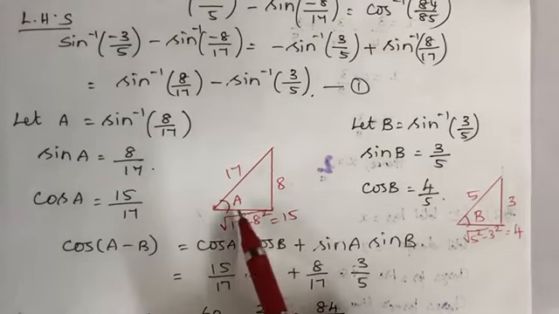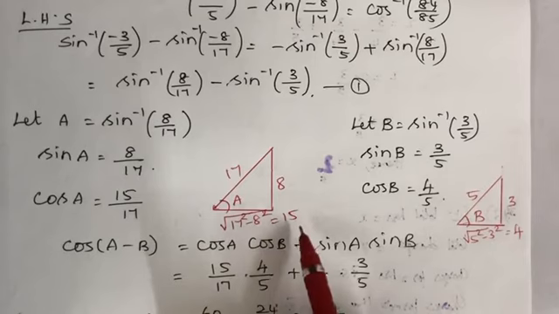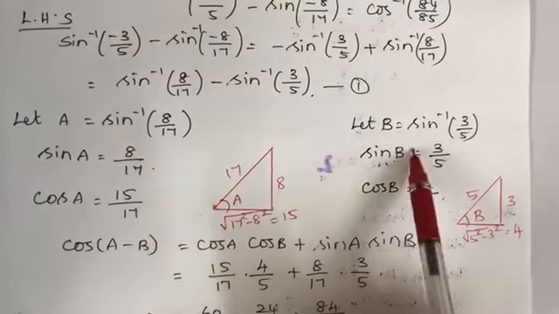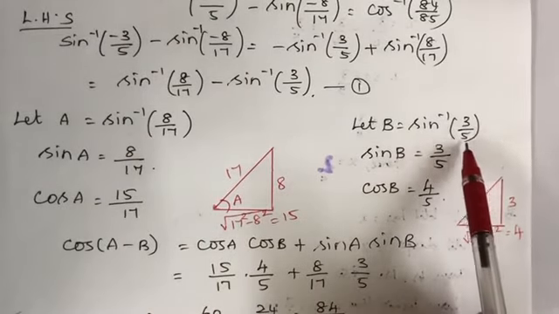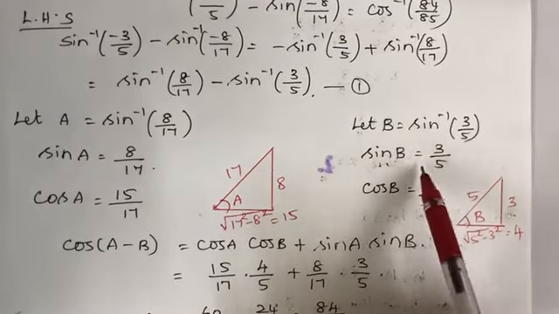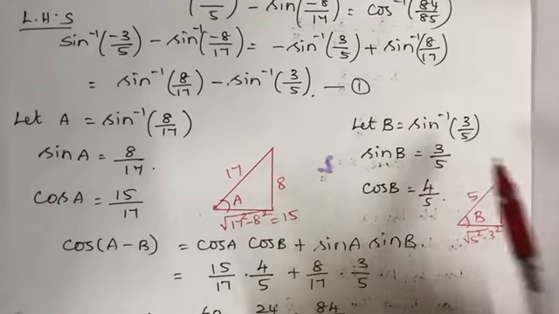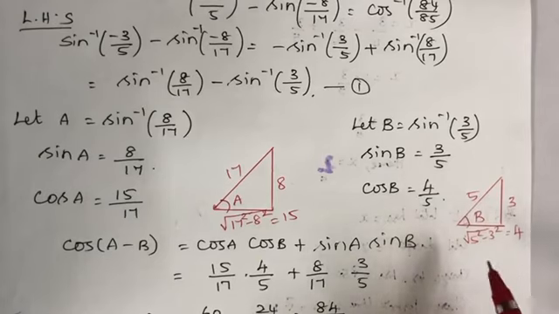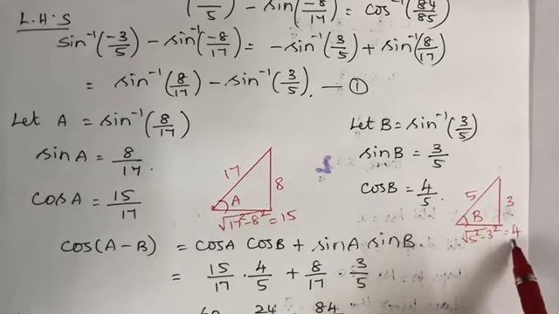Okay, you can find 17 square minus 8 square, putting it in the square root gives 15. Okay. So, now B is equal to sine inverse of 3 by 5. So, sine B equal to 3 by 5. Sine B 3 by 5 means opposite is 3 and hypotenuse is 5. We can find the adjacent and it is 4.